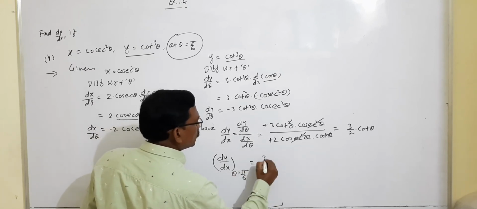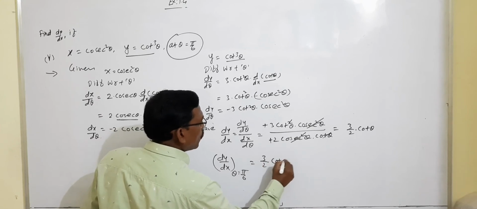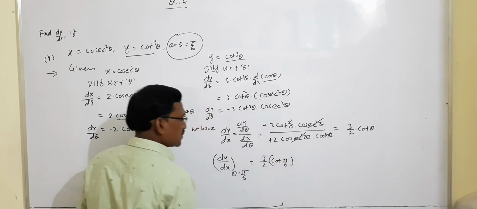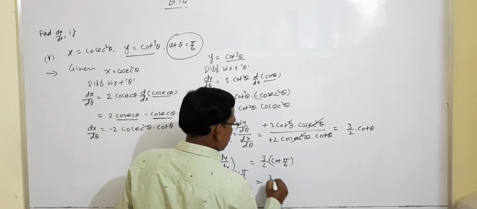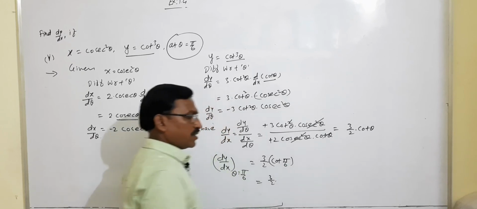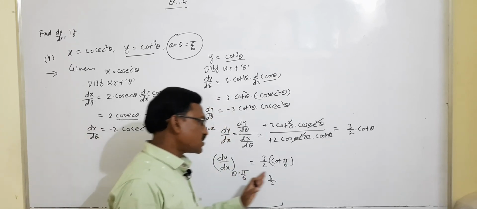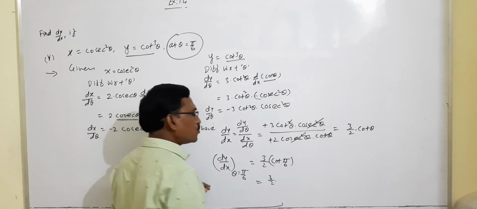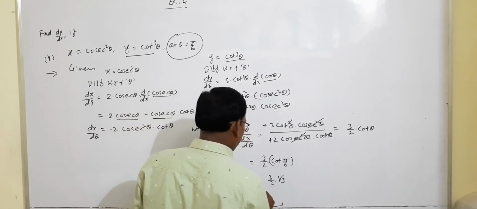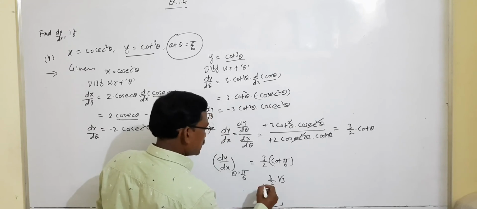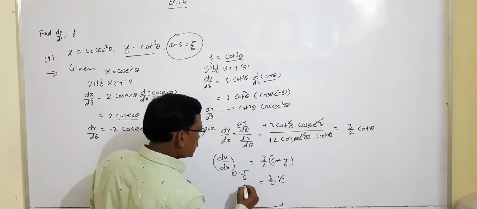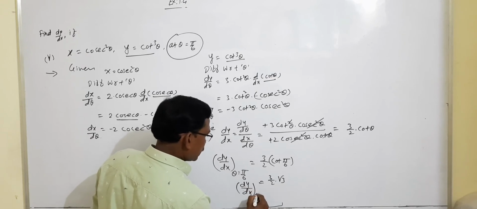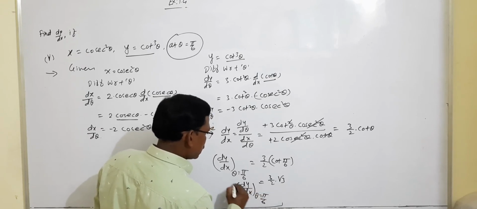It is equal to 3 by 2 into cot theta, which means here cot pi by 6. 3 by 2 into cot pi by 6, because cos pi by 6, cos 30, is root 3 by 2 and sin 30 is 1 by 2. 2 will get cancelled, it is root 3. So this is dy by dx at theta equal to pi by 6.